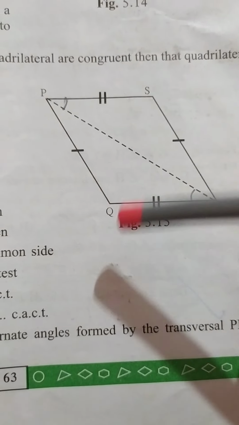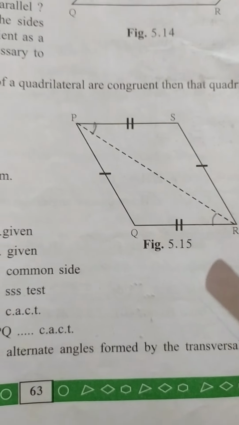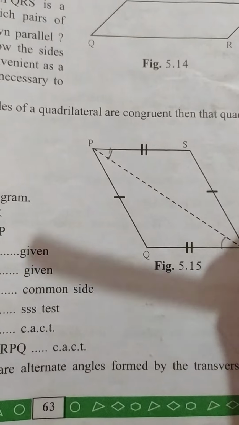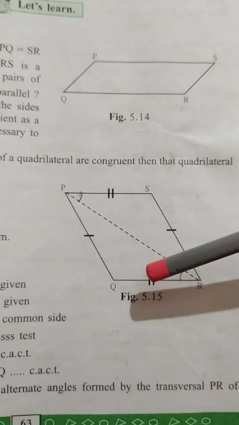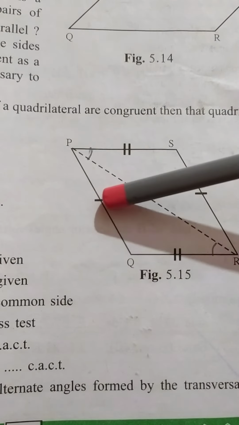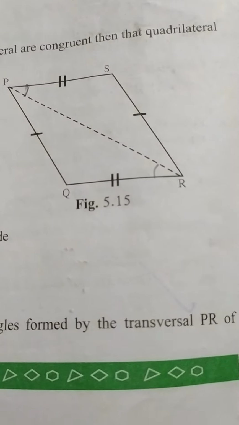So I have side PS parallel to QR and side PQ parallel to side SR. So if I have a pair of opposite sides which are parallel to each other, I know that the quadrilateral is a parallelogram. So this is how I have to prove it.